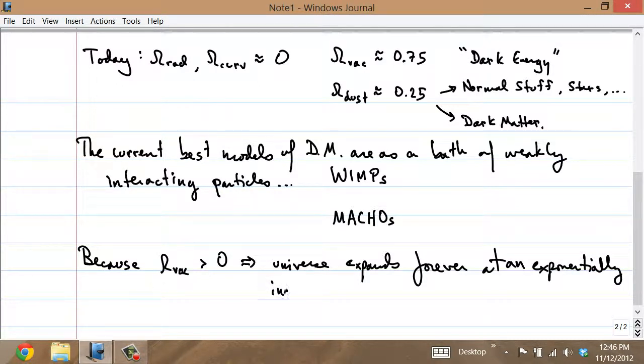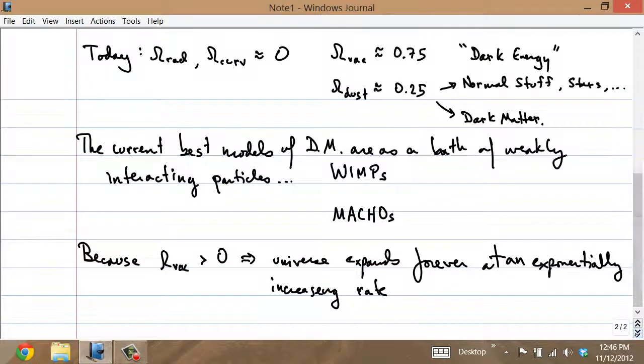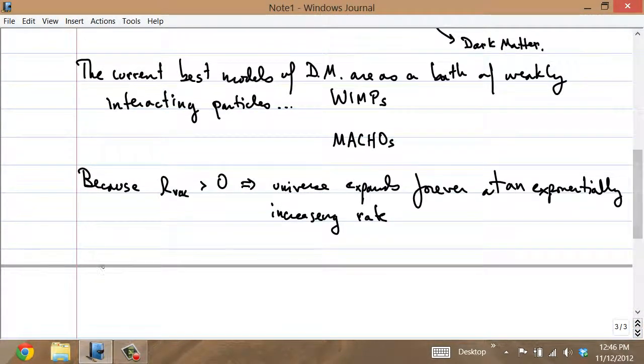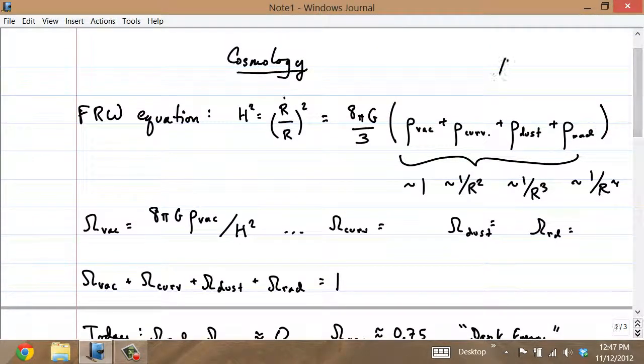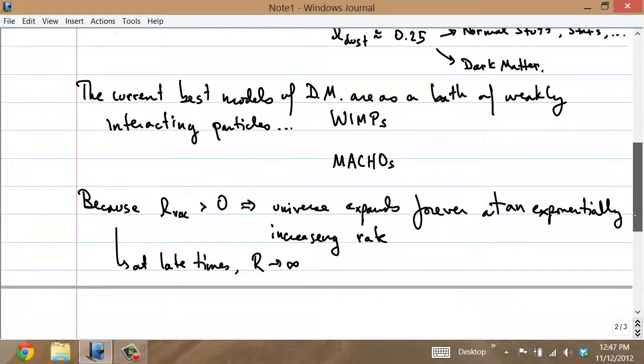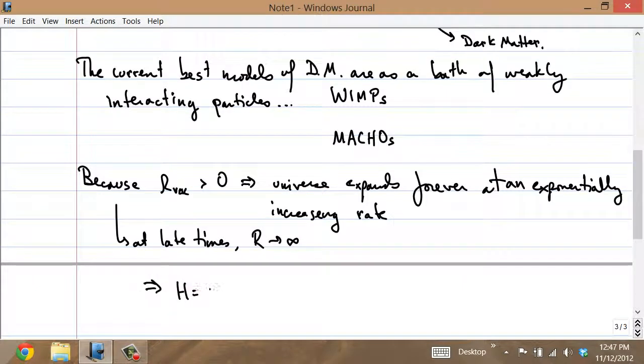In particular, at very late times, when the size of the universe is very large, all of the other terms which appear on the right-hand side of the FRW equation become very small, and H, which was R dot over R, will approach a constant, so that R will grow exponentially in time.